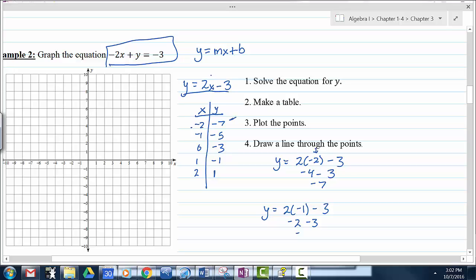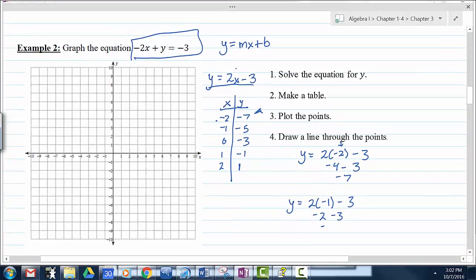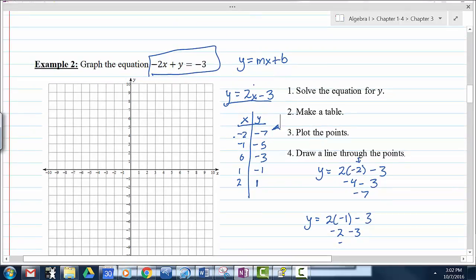That's going to be my y. In other words, as we discussed before, I inputted -2 into the equation, and out came -7. So with those points, if I plot them, see -2, -7.